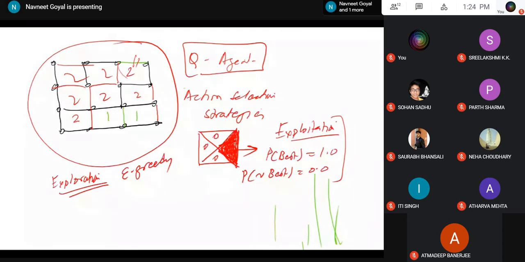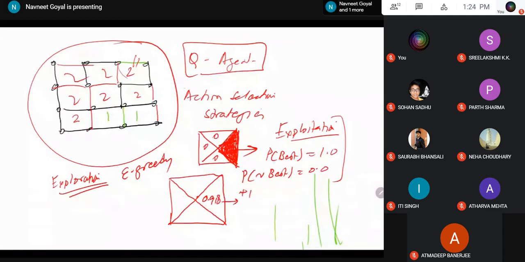Let me draw it here itself. So suppose there is a cell here. I'll draw it slightly bigger, and these are the 4 values. So this is 0.918, and it takes you to the winning state or +1 reward.